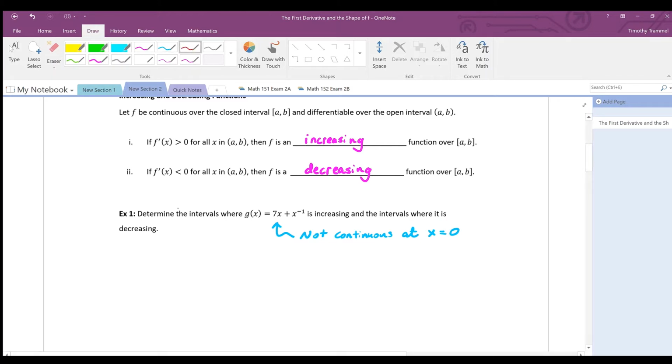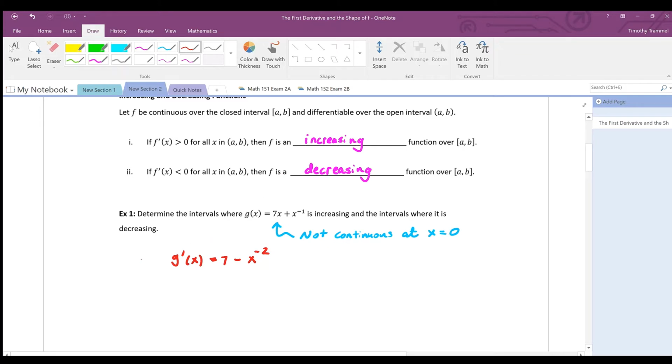Okay. Next, we'll go ahead and take that derivative. Looks like we get 7, and then x to the minus 1, well, that's going to be minus x to the minus 2. And now if we want to know where it's increasing or decreasing, what we're really asking ourselves is where is the derivative positive and where is the derivative negative?